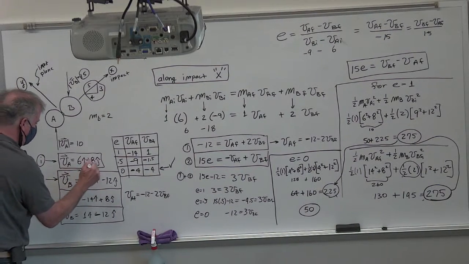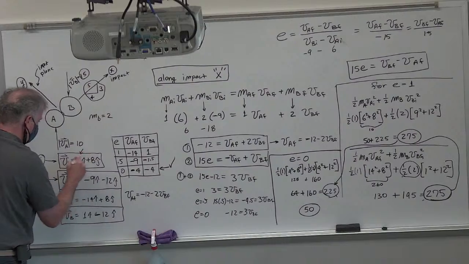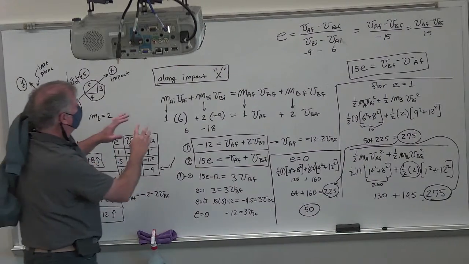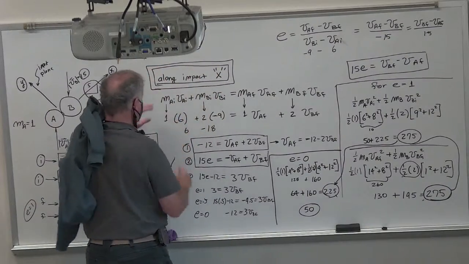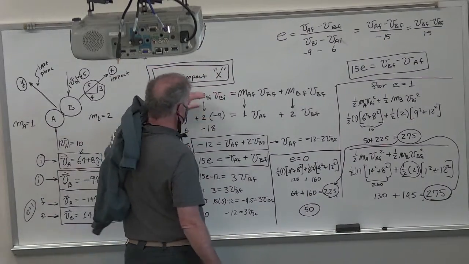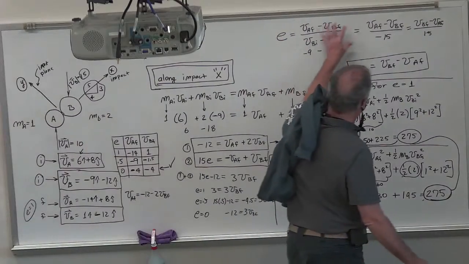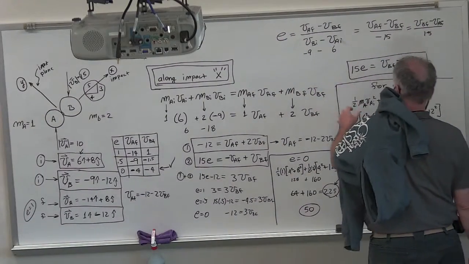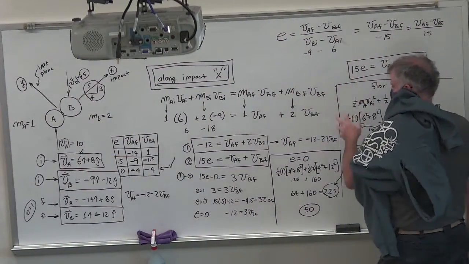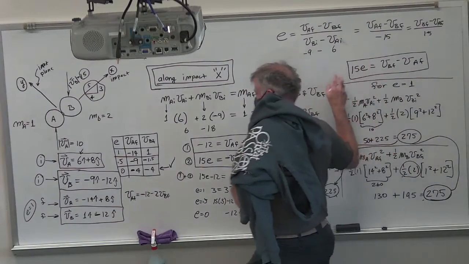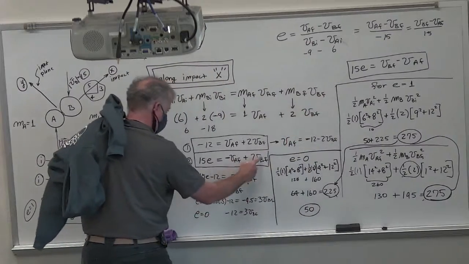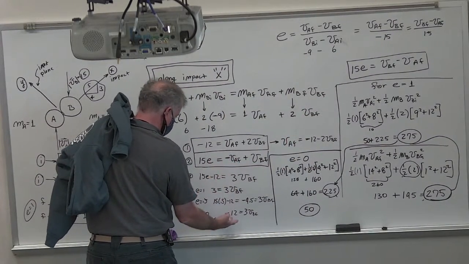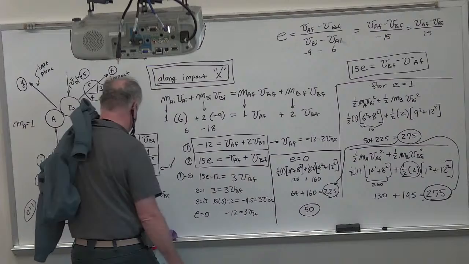That's what you have to do. So once you're along the impact, you use this analysis because you're along the impact. You use this equation and you use the coefficient of restitution equation. I carried it through as a variable. Then I took that equation, stuck right under here, solved them for that set.